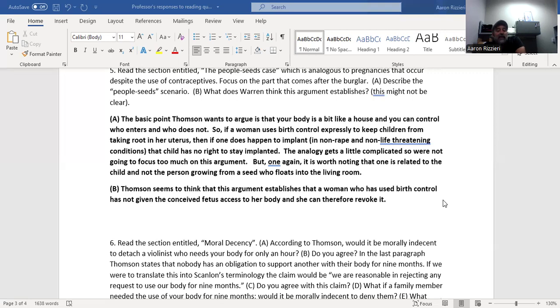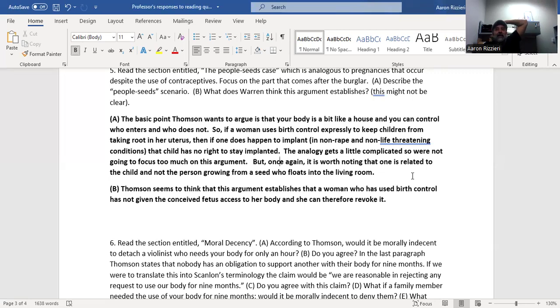The analogy gets a little complicated, so we're not going to focus too much on this argument. But once again, it's worth noting that an important disanalogy here is that one is related to the child and not the person seed and the person that grows from that seed who happens to float into the living room.